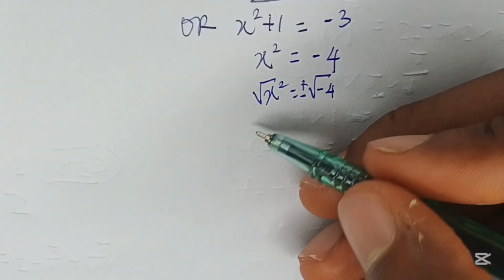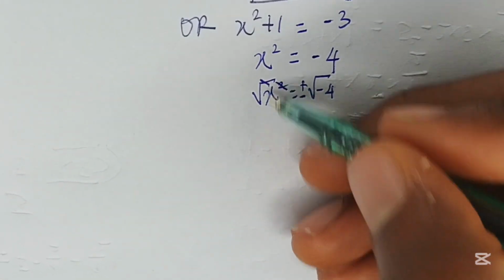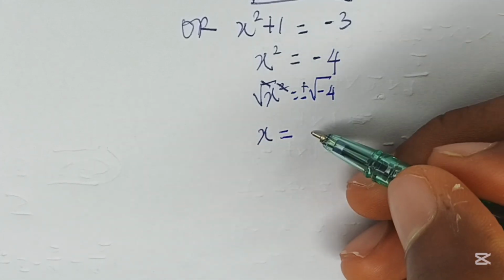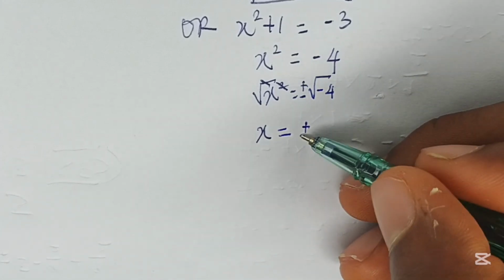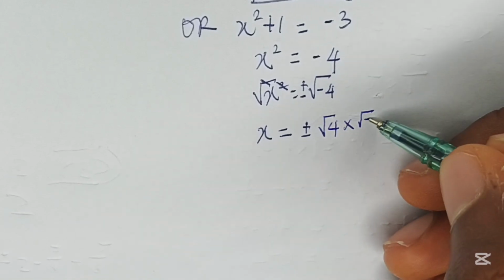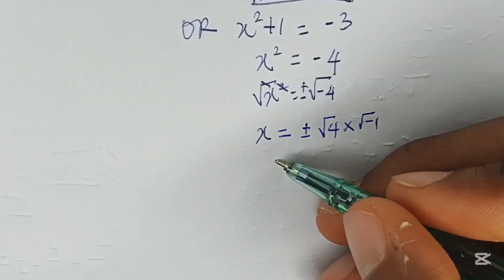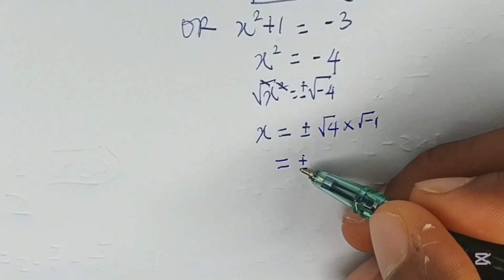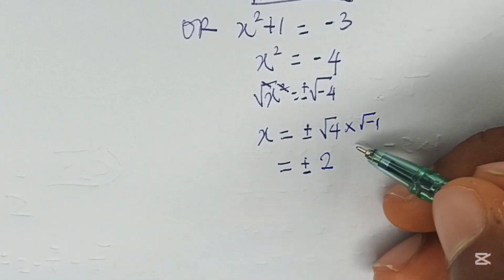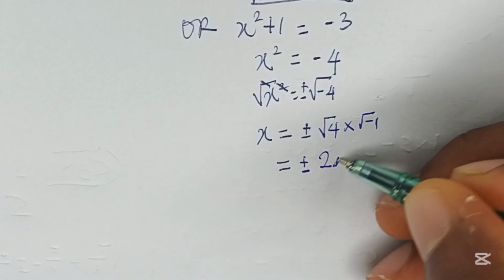Okay, so from here we have that square root and square strike out so that we have x to be equal to the root of minus 4, which can be split, so we have plus or minus root of 4 times root of minus 1. This is equal to plus or minus: root of 4 is 2, root of minus 1 is i.